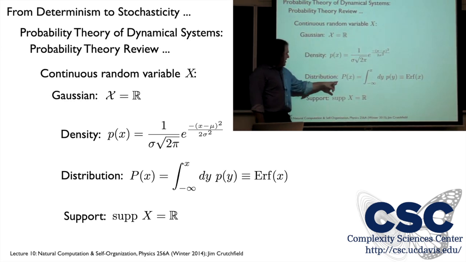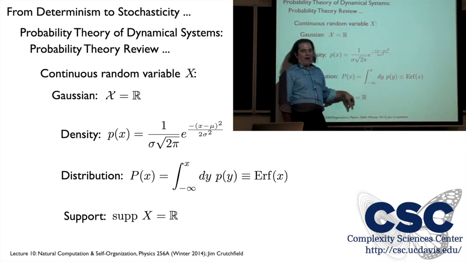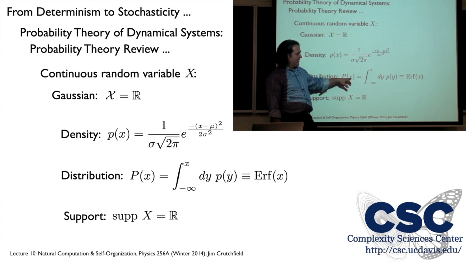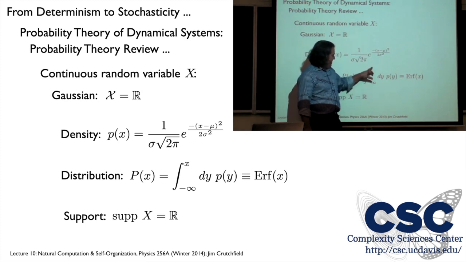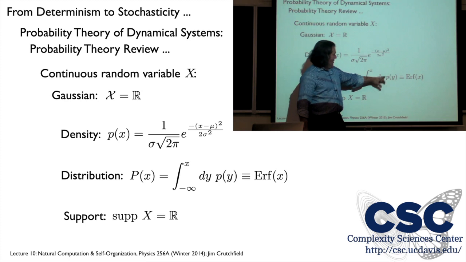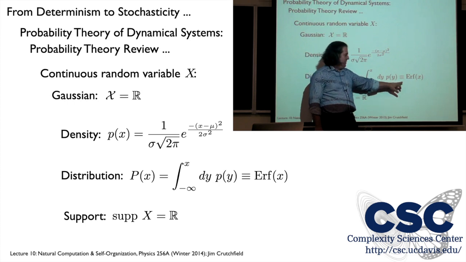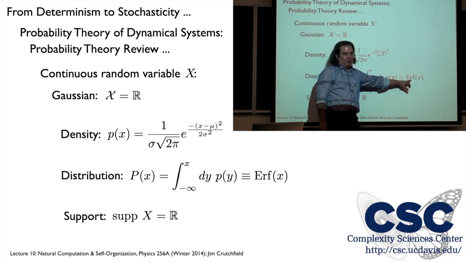Now, the cumulative distribution function is this kind of complicated object. I want to know the probability that x is less than this value x. I integrate the density from minus infinity up to the value I'm interested in, which is an integral one cannot do in closed form, but it happens so often that it's given a name. It's called the error function.